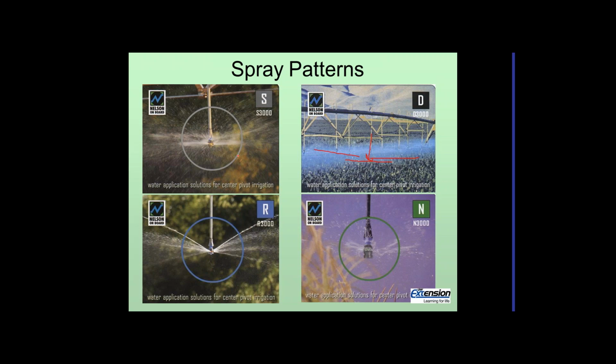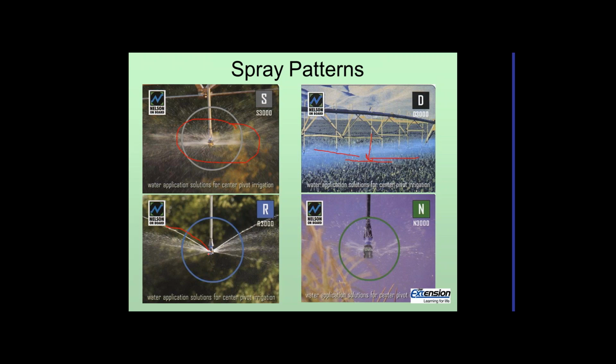Moving over to the left, this is called a spinner, and you can see it's putting water out in all different directions. This has a nice even pattern of water to spray out, but it doesn't cover as much ground as the next one, which is called the rotator, on the bottom here.